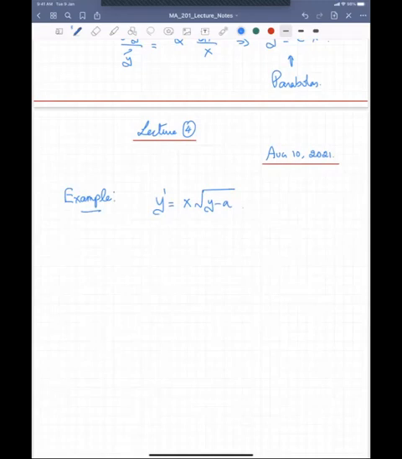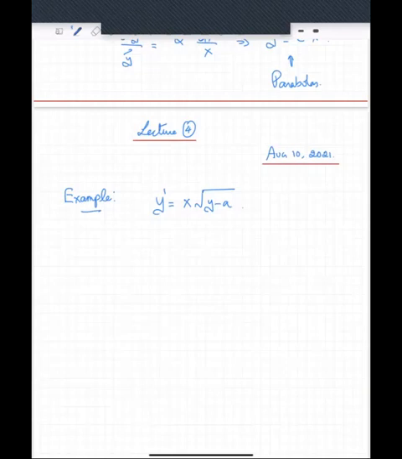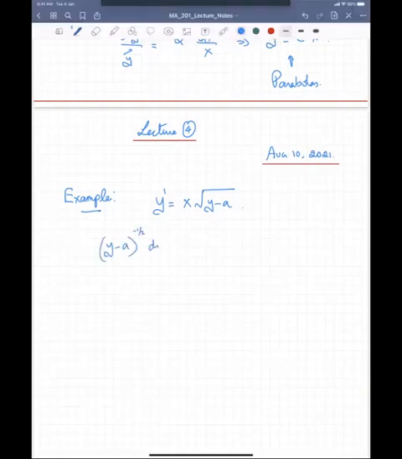And you will probably laugh at me because you think this is too simple, and it is actually. So the way you would solve it, because this equation is easily separable, I will write this as (y minus a) to the minus 1/2 dy equals x dx. And then I can go ahead and integrate this equation.